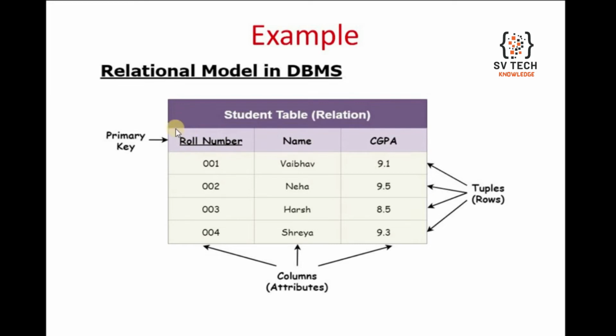In the ER model, an attribute becomes a column in the relational model: roll number, name and CGPA. Roll number is a primary key. A primary key is always represented by an ellipse with an underline in the ER model. Here roll number is represented with an underline. Every row is called a tuple, and columns are represented by attributes.